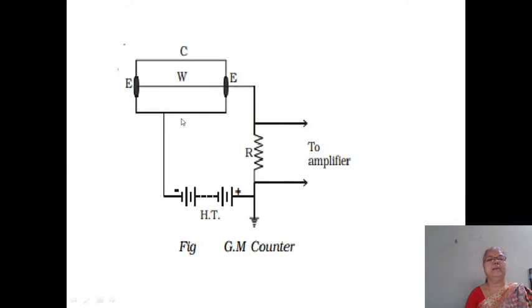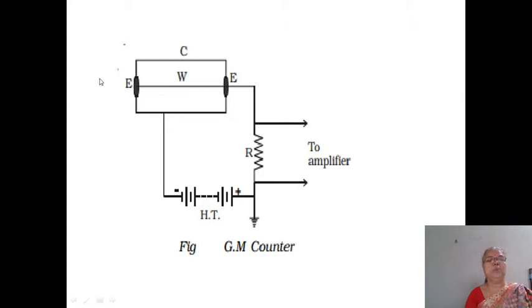Here is the schematic representation. This C is a copper cylinder having 2 cm width and 10 cm length, and in this a tungsten wire is suspended, and here is a mica window, and in front of this the radioactive source is kept.